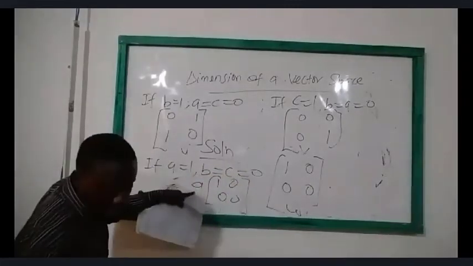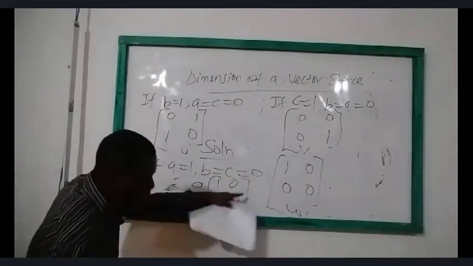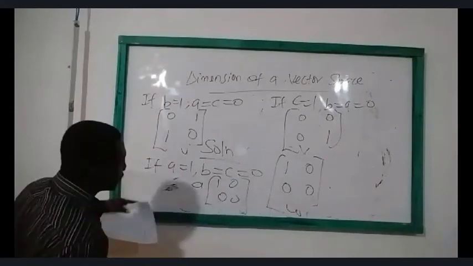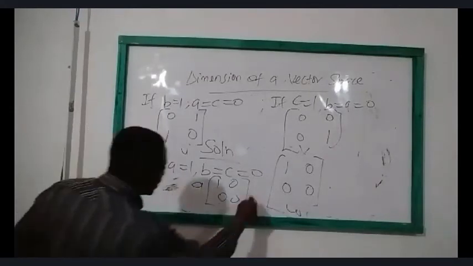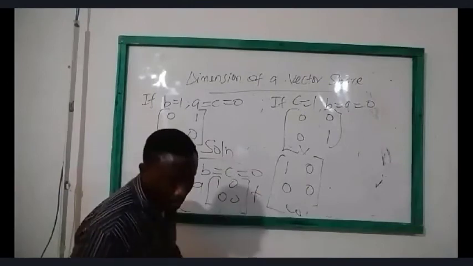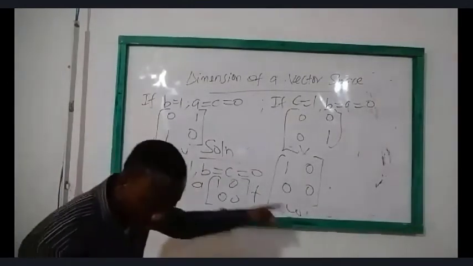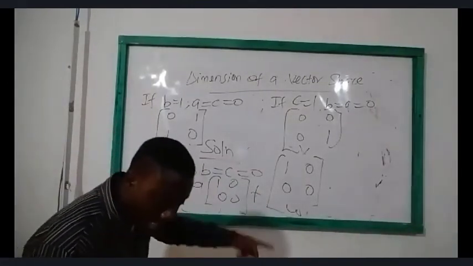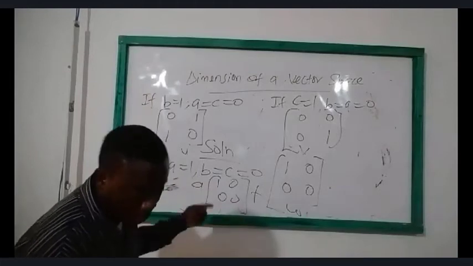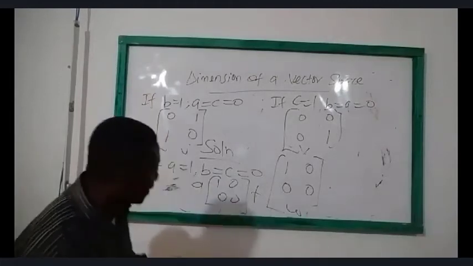If you add all the set of matrices, that is going to be the scalar multiplication of the set of vectors, and it is going to prove the spanning.